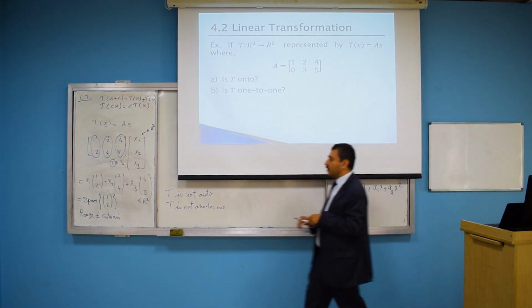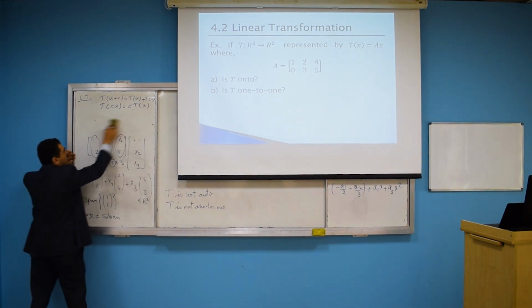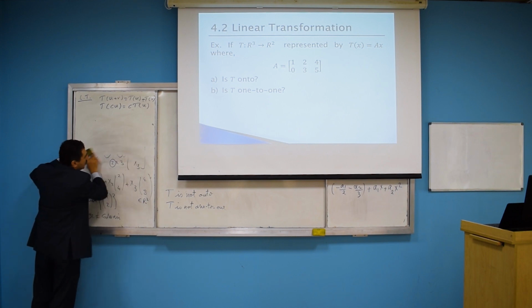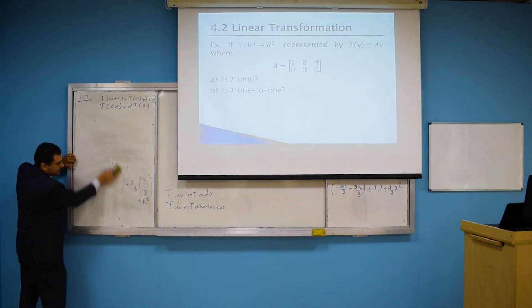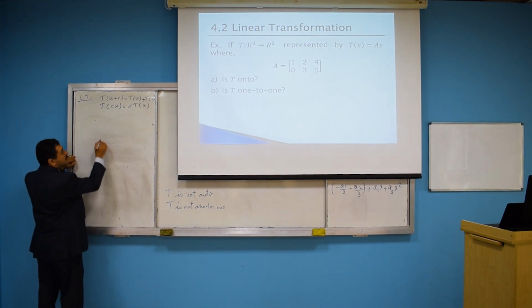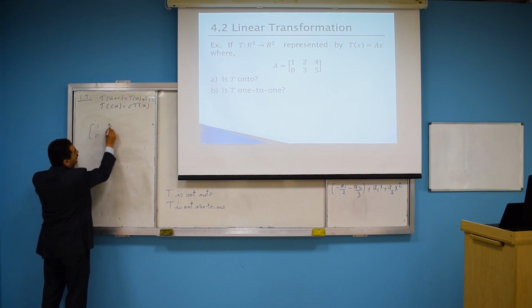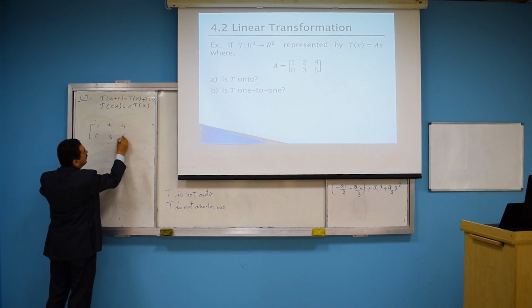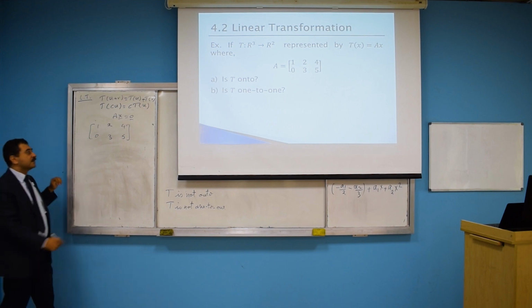Check if it is one-to-one. We said that we have to check if the kernel is the 0 vector or not. What is the kernel of this transformation? The kernel is simply you are solving Ax equals 0, which is the null space of the matrix.